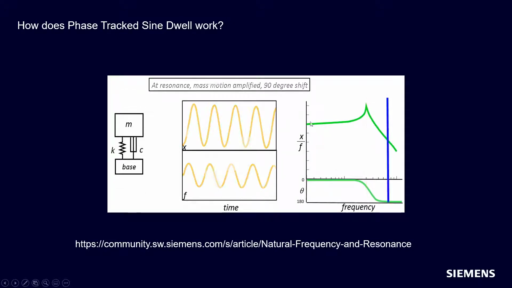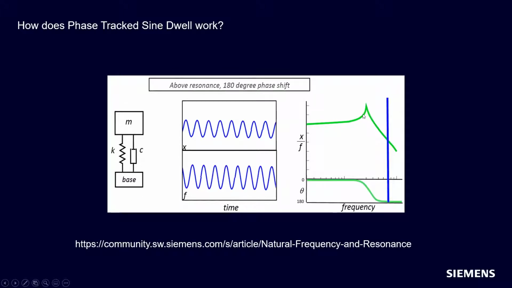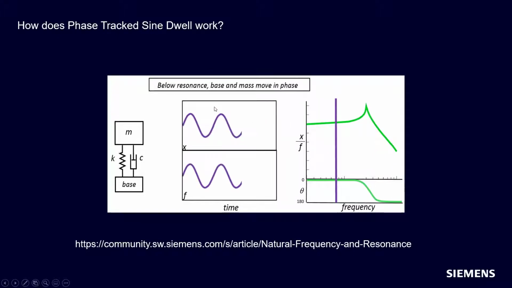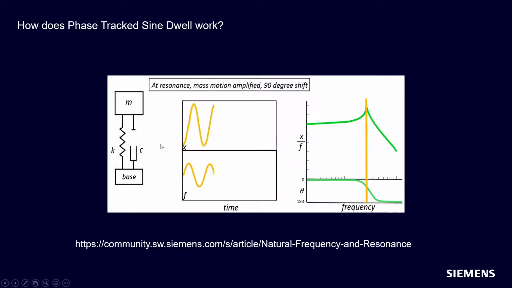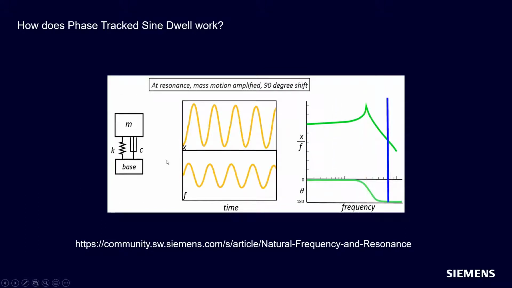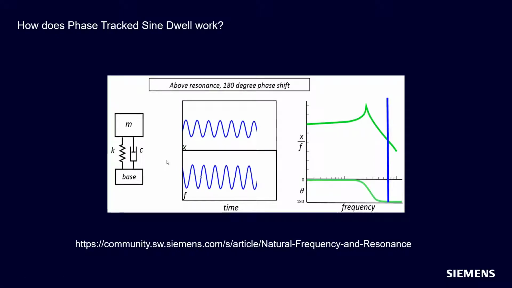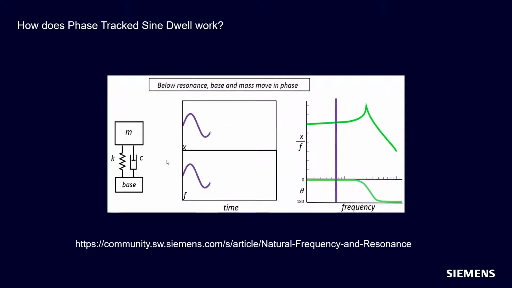So the way phase Tract sine dwell works is we look at the phase at resonance, and we can see here three examples of what happens when you're below, at, or above your resonance frequency. We can see that in a perfect single degree of freedom system, when we are below our resonance frequency, we have a 0 degree phase shift, and the motion of the response mimics the motion of the base excitation.